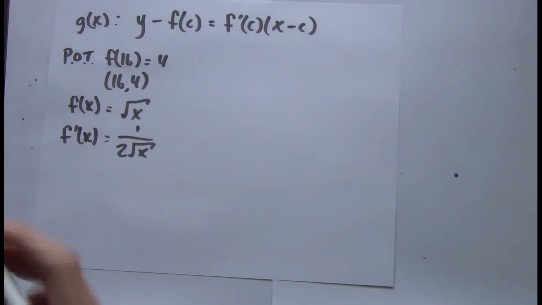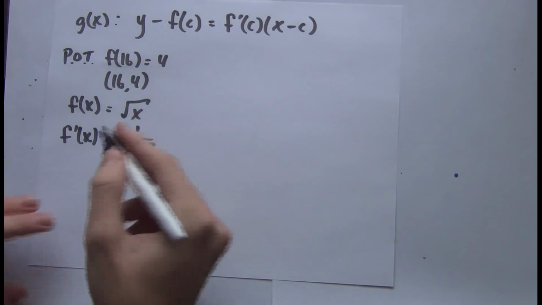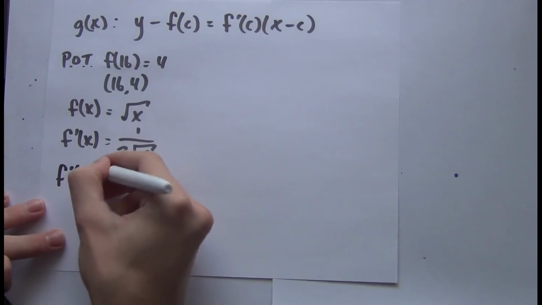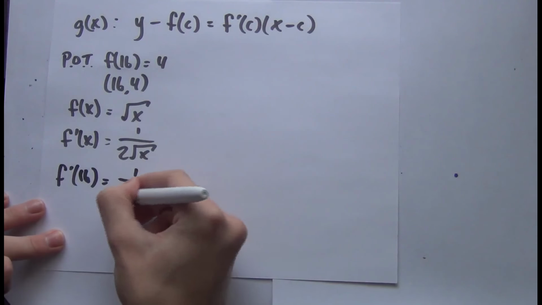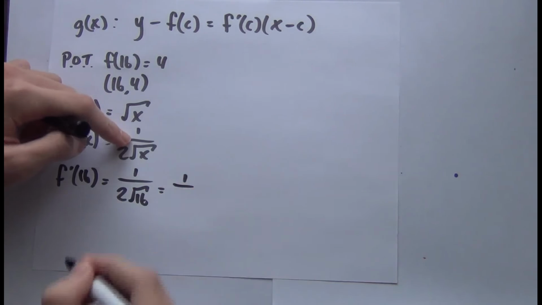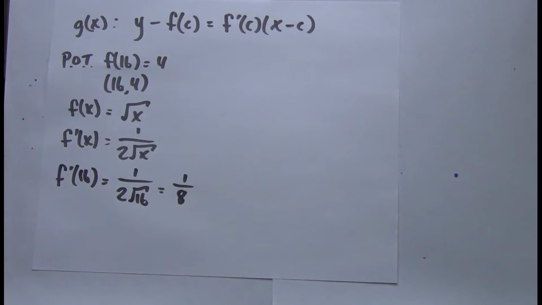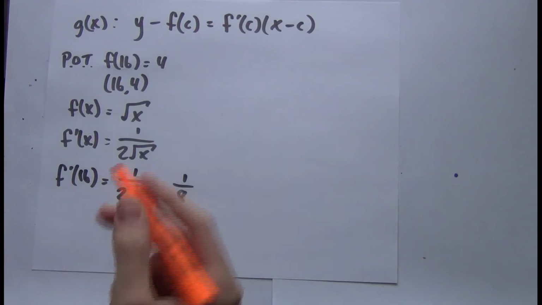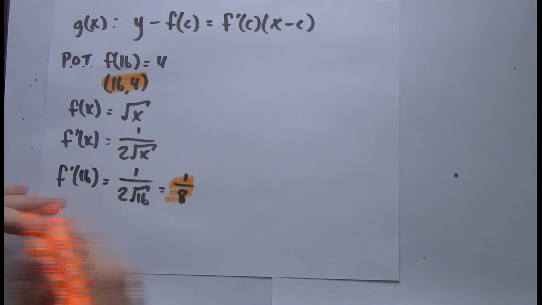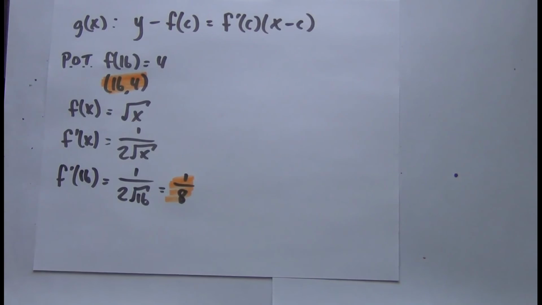And I would plug in that c value. So f prime at c would be f prime at 16. So my slope is 1 over 2 times the square root of 16, which is 1 over 2 times 4, which is 1/8. So I have a point, I have the 16, 4, and I have a slope of 1/8, and I'm going to use that to construct a tangent line.